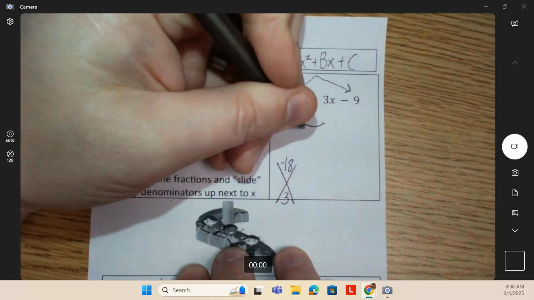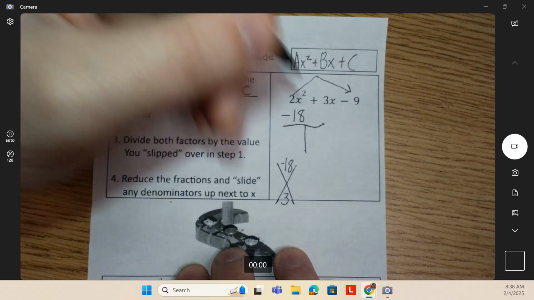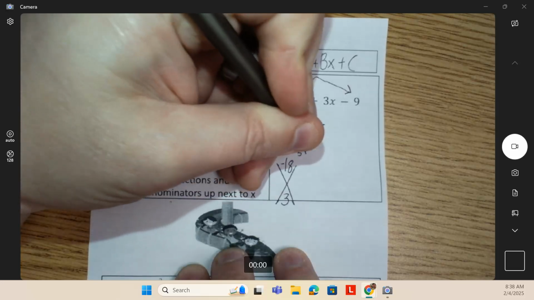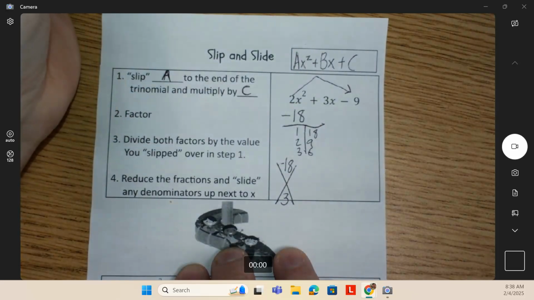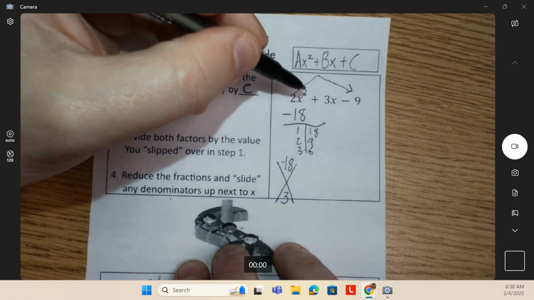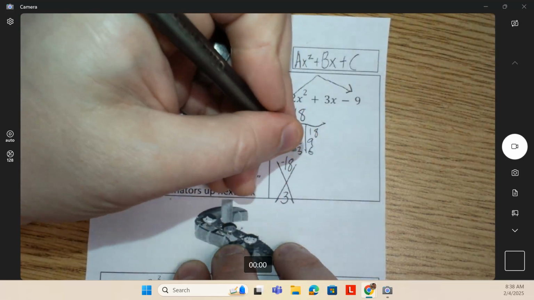So looking at my factors of 18, I've got 1 and 18, 2 and 9, and 3 and 6. So of those, and since the front is positive, I want a bigger positive number.